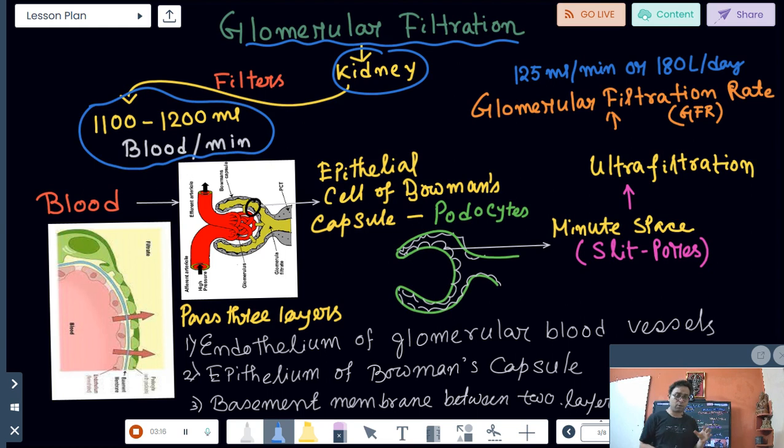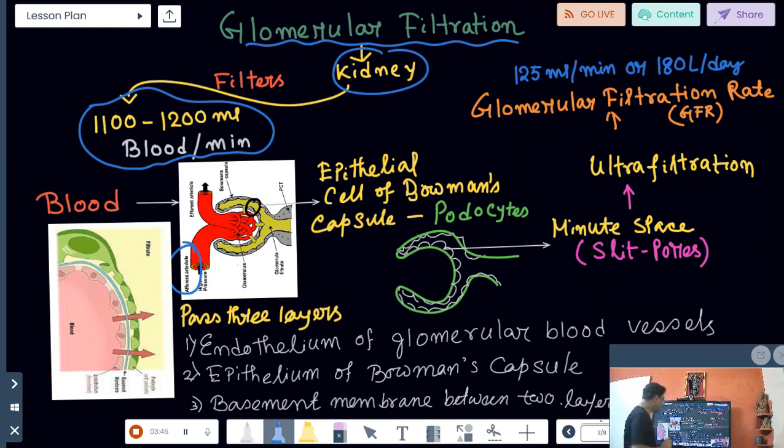So the blood containing nitrogenous waste enters the glomerulus through the afferent arterioles. Afferent arterioles are a special type of blood vessels which enter into the glomerulus. They carry all the nitrogenous waste, but a special structural modification is there at that particular site.